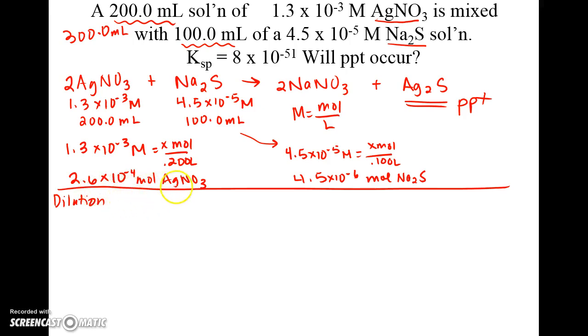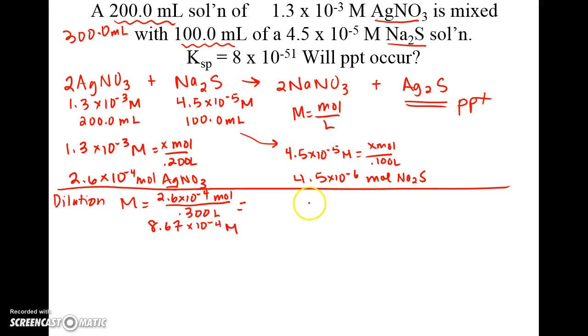To find the molarity of Ag plus, it is 2.6 times 10 to the minus fourth moles over the new volume, which is always formed by adding the two volumes, 0.300 liters, which is equal to 8.67 times 10 to the minus fourth molar.